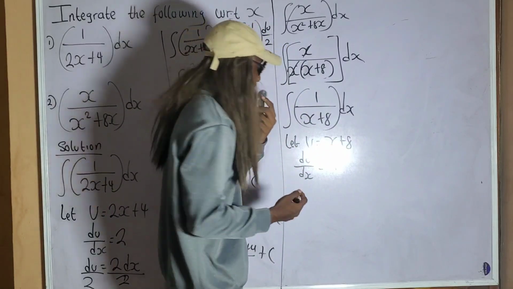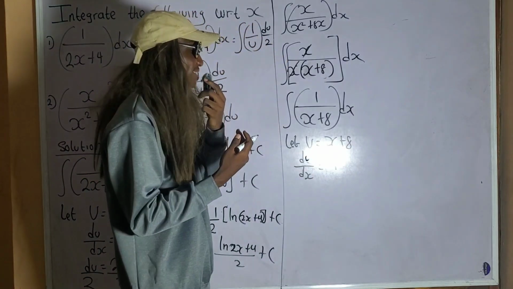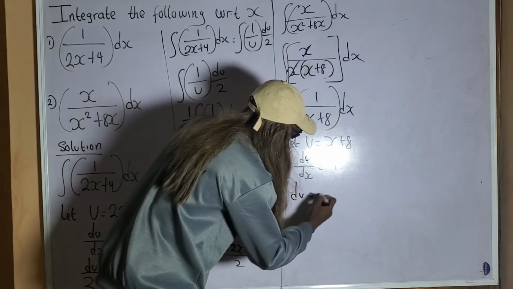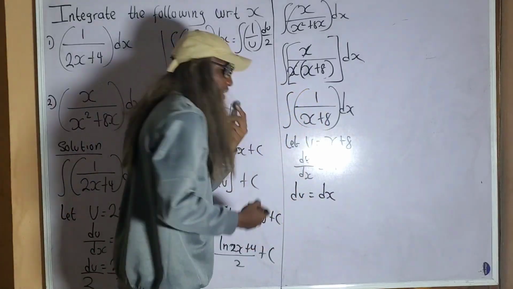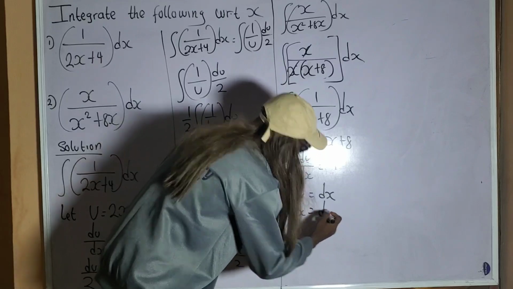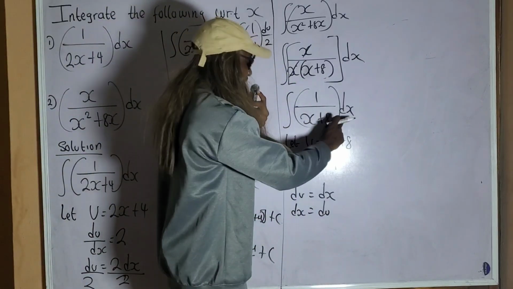Do you get it? Now, having gotten to this point, the next step is that you have to make dx the subject of the formula. So I'm going to have du equals to dx, and by transposition, you're going to have dx equals to du. So I'm going to replace u as x plus 8 and dx as du.